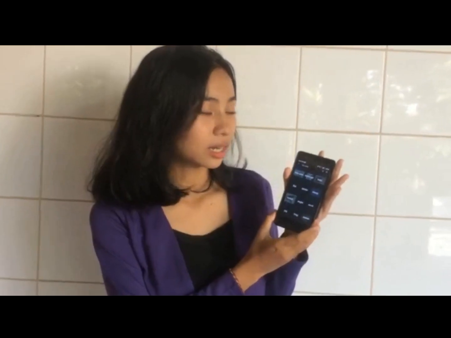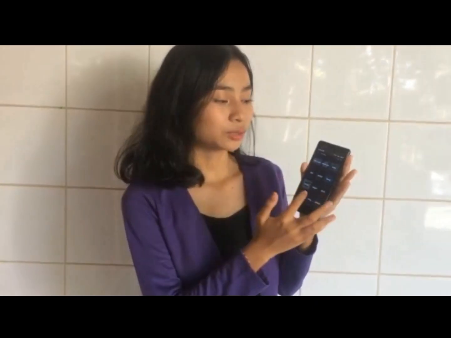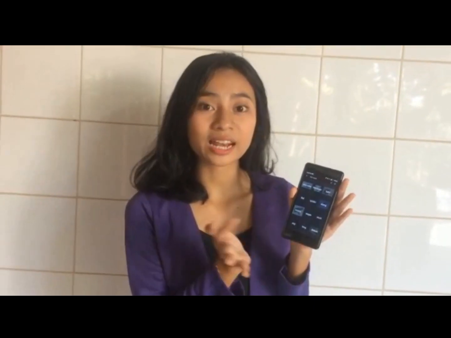So they can match the pictures with the appropriate word in this game. So they can apply what they have learned in the flashcard to this game. They can apply the vocabulary they have learned by playing this game.